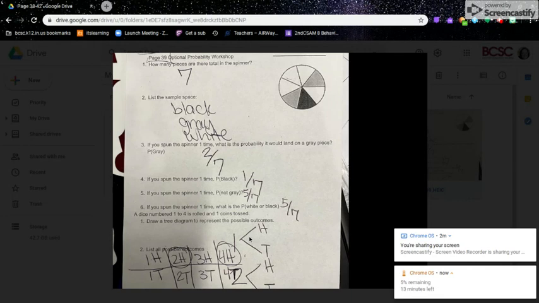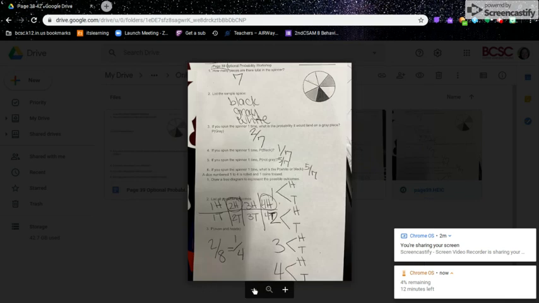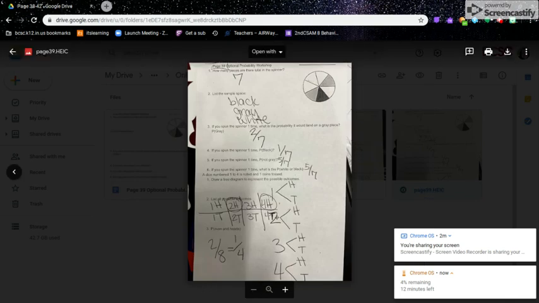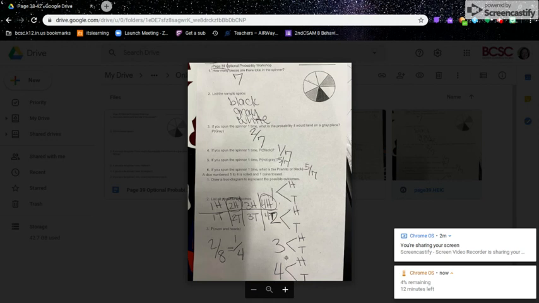Well, your outcomes for the dice are 1, 2, 3, 4. So you could roll any of those numbers. But it doesn't really matter what you roll. That's not going to change the effect of the coin. So if I rolled a 1, I could still flip either a heads or a tails. If I rolled a 2, I could still flip a heads or a tails. If I rolled a 3, I could still flip a heads or tails. Same way with 4. If I rolled a 4, I could still flip a heads or tails.